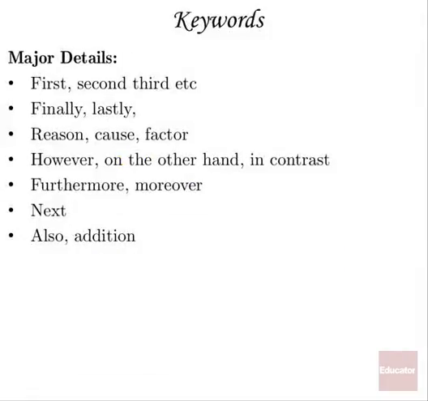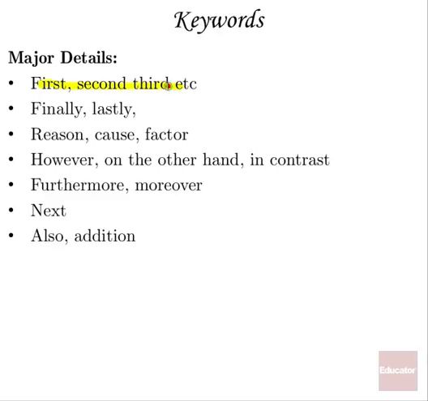So, now that we've gotten over the big questions that major supporting details answer, what's one way that we recognize them? Well, we recognize major supporting details and minor supporting details usually based on keywords. And here are some examples of keywords that you'll find in paragraphs that let you know a major supporting detail is coming.